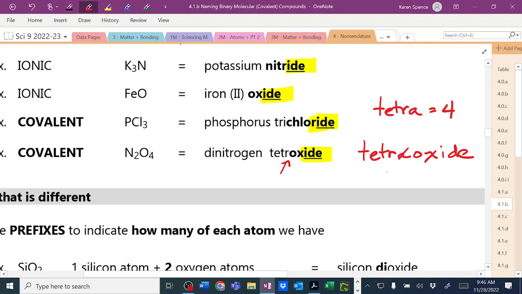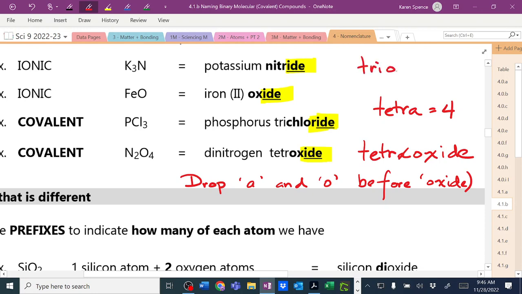So we drop A's before oxide and we drop O's before oxide. We don't drop any other letters. So if I wanted to do trioxide, I would do trioxide because I wouldn't want to drop the I, otherwise it would just be troxide, which is just too weird. Yes? Troxide? That does not work.